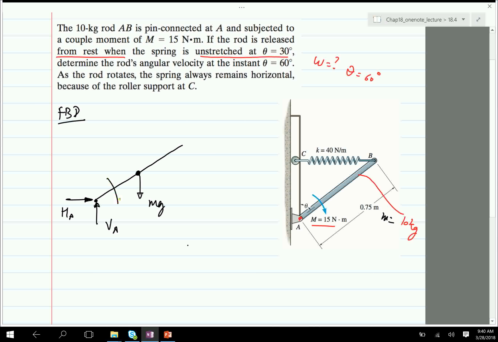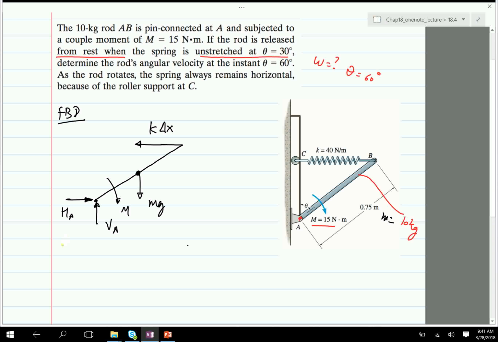There's a moment M, and of course there's a spring force, which will always be horizontal. I call that K delta X. Okay, is there any other force I'm missing? I think that's it.